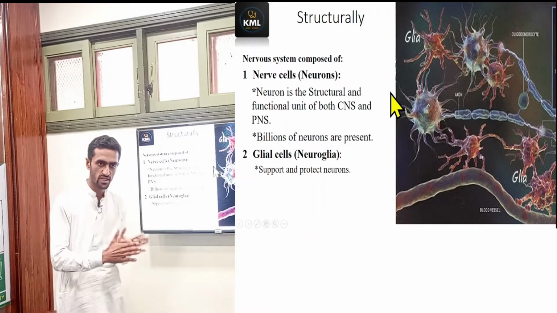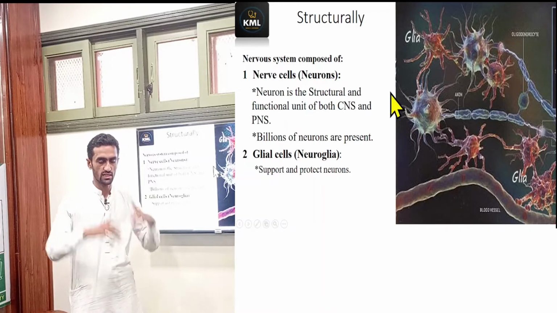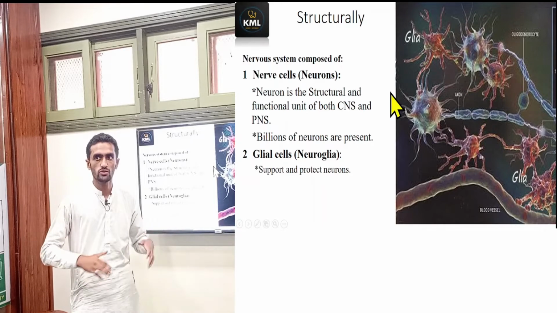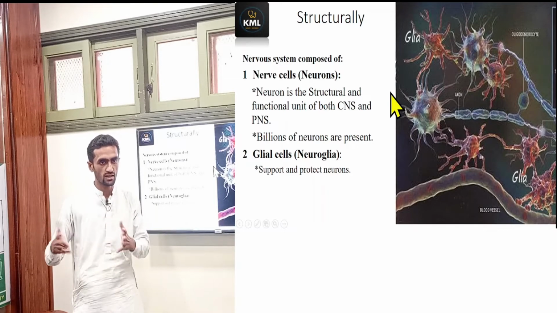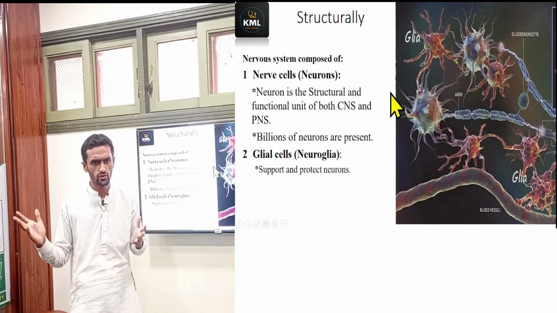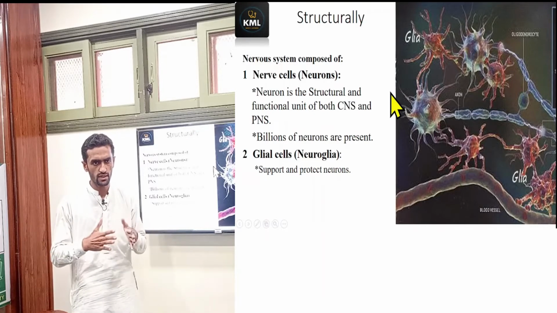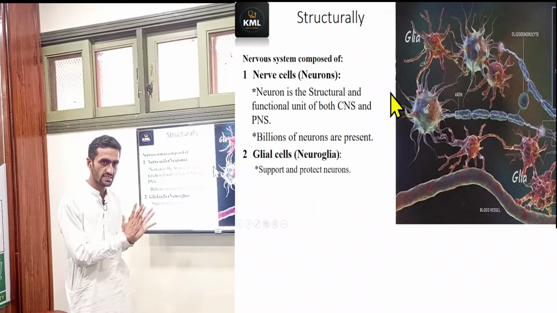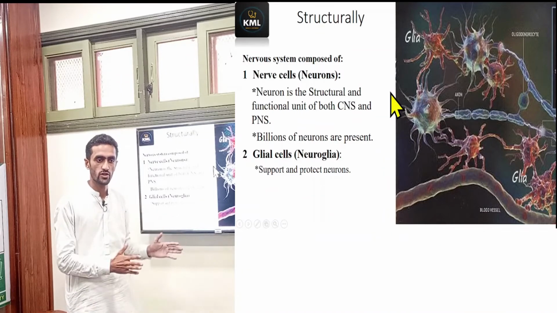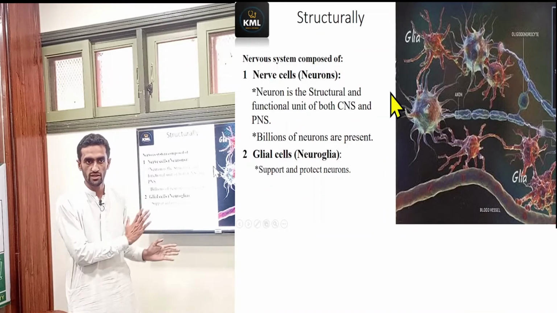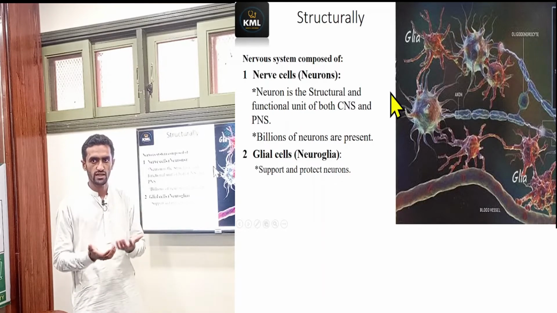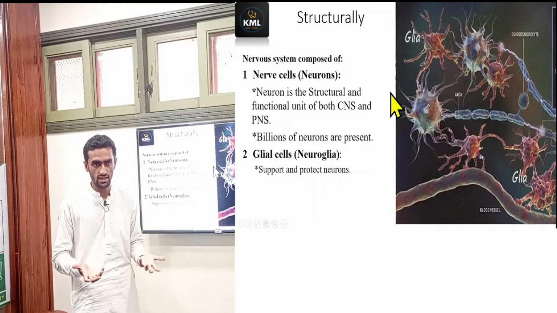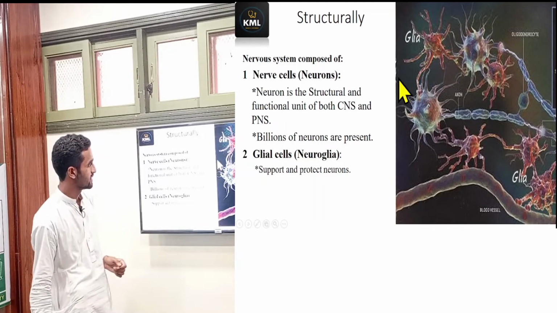They are present in both the central nervous system and your peripheral nervous system. The neurons number in the billions, around 10 raised to power 12, but the glial cells outnumber the neurons. About 90% are glial cells, which are supporting cells.